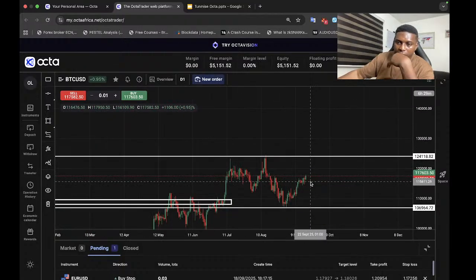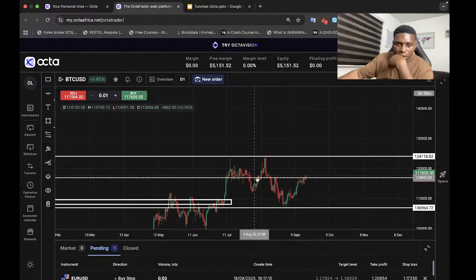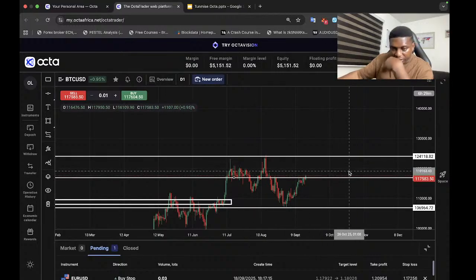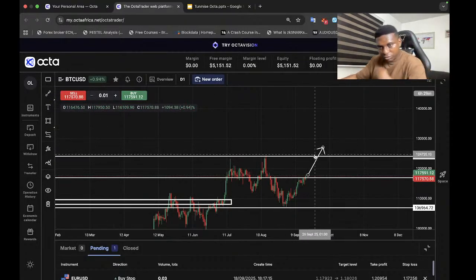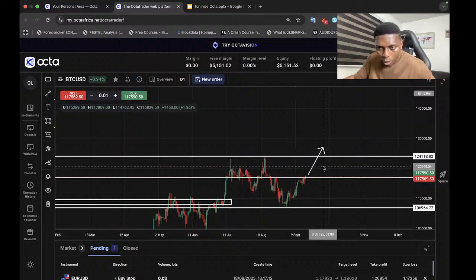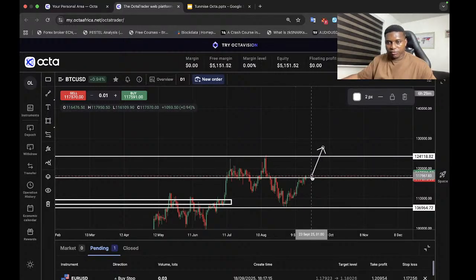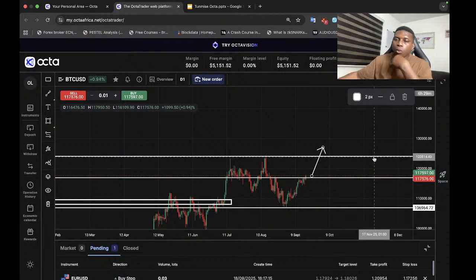For BTC now, there is a potential possibility of it to swing upwards, from 117 to 124 is a potential upside.